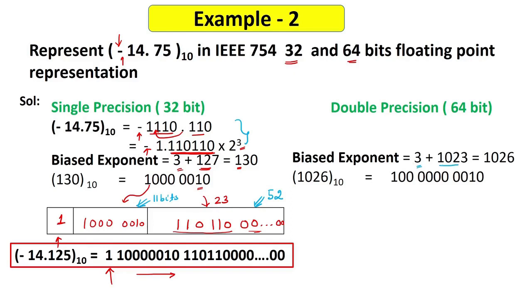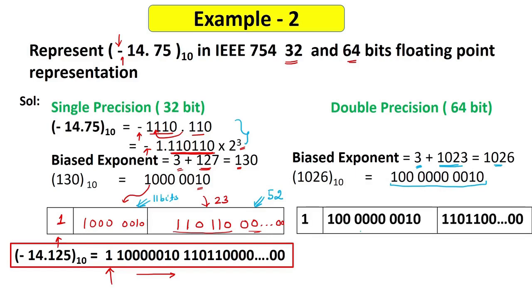In double precision, as we have seen, the bias is 1023. So I added this 1023 with my 3. I got 1026. So I represented this 1026 in 11 bits. So this is the 1026 binary number, right? Now if I represent this in total 64 bits, how will it look? So it will look like this one.